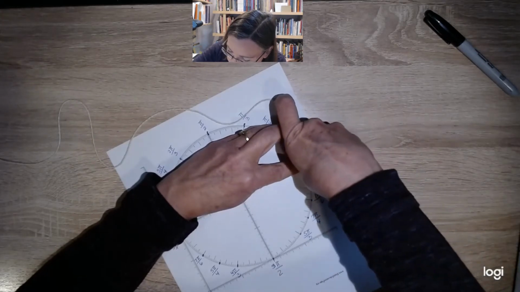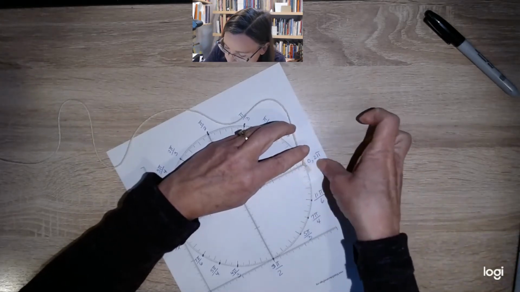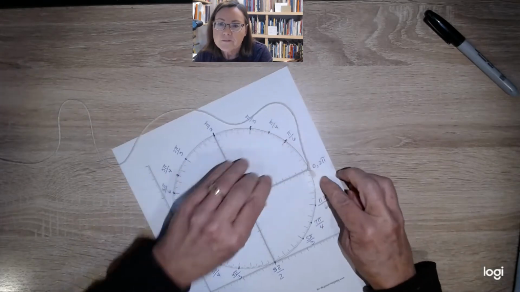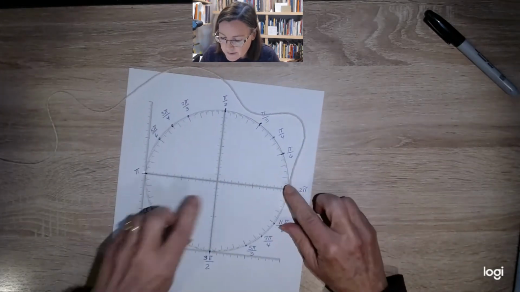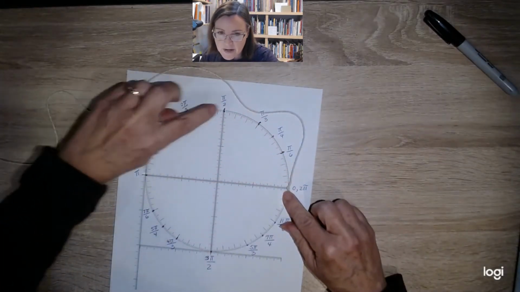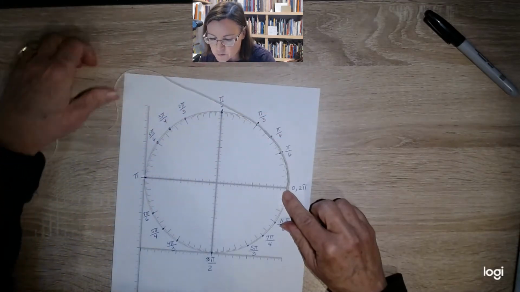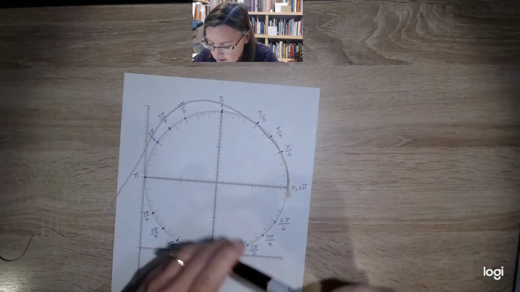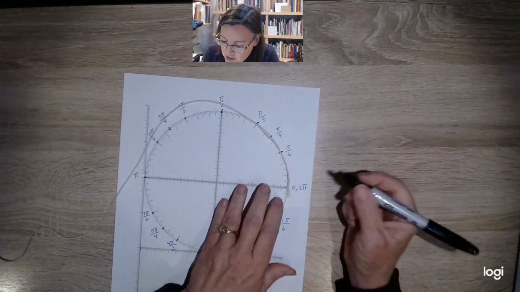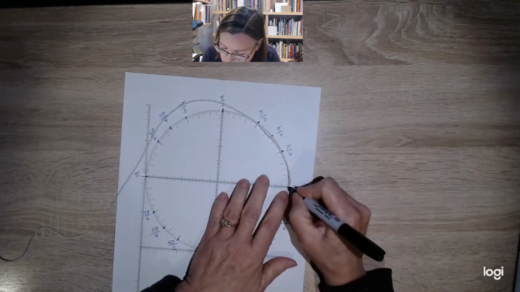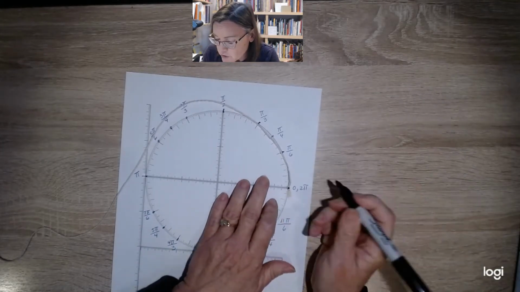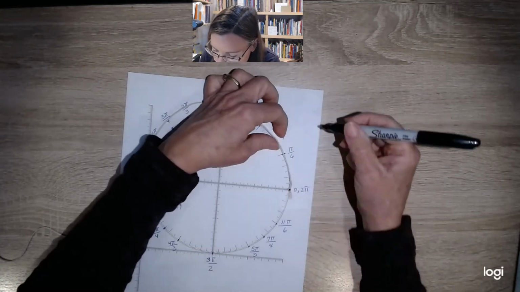And I'm going to tape it down. That'll be another thing that will help me keep things straight here because I'm going to be wrapping this around and marking each one of these points, okay? So I'm actually going to start with marking this knot as my 0 or 2 pi point. It's going to be 2 pi when it hits the end, okay?